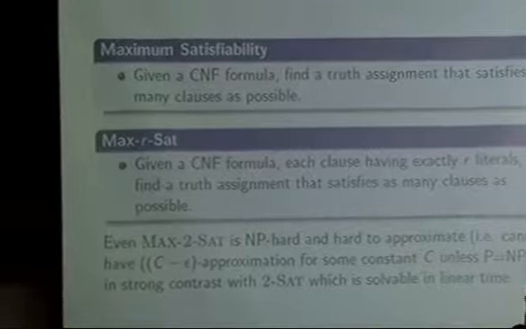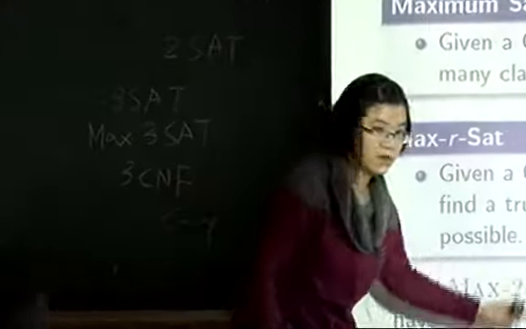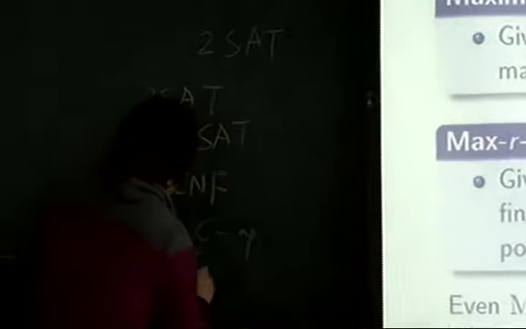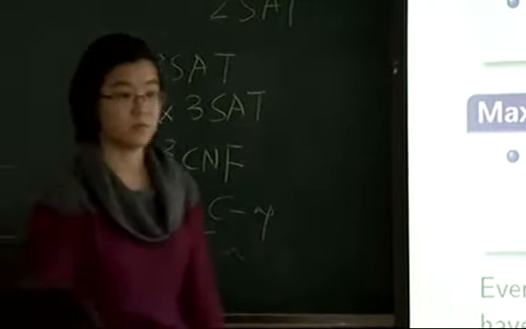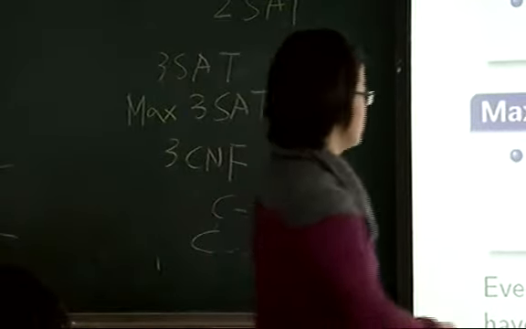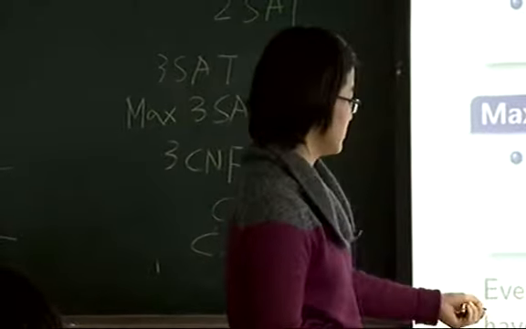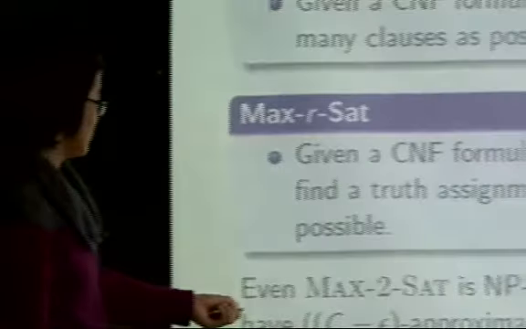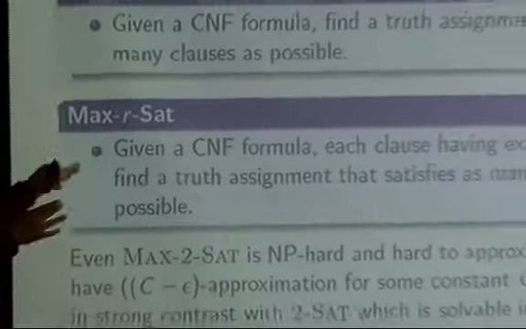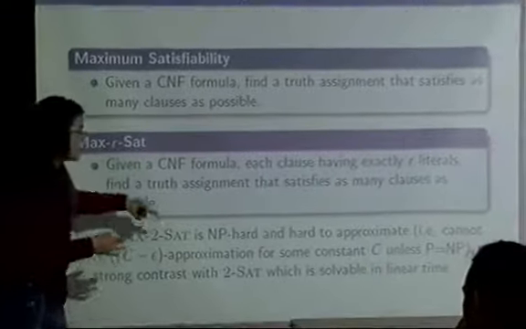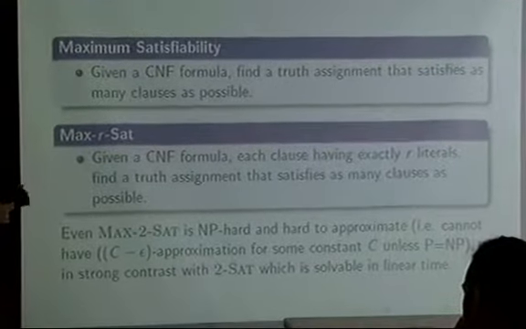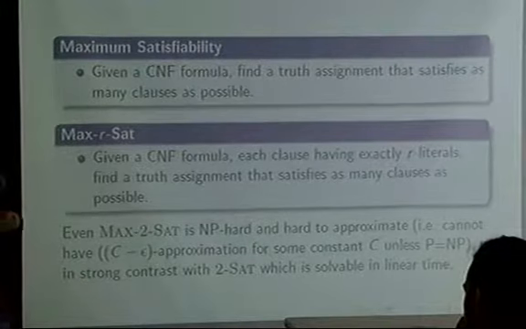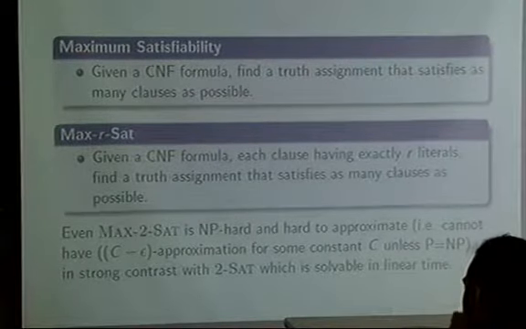You can have a C approximation algorithm for max 2-SAT, but it's impossible to have a better one. It's impossible to approximate max 2-SAT as close as to the optimal solution. There is some threshold that you can get.